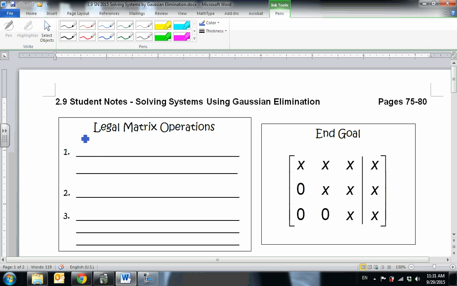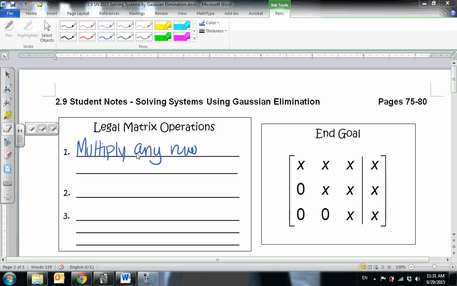You can multiply any row by a non-zero scalar.